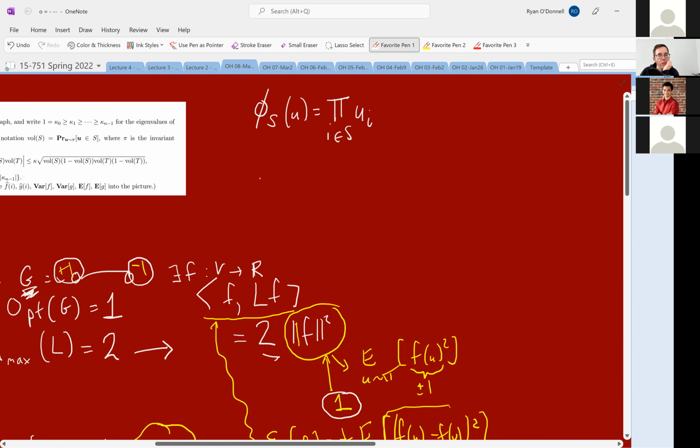Well, let's just write all the definitions. What is the definition of LF, if F is any function from V into R? Do we want it generally here or this specific L? Yeah, generally.